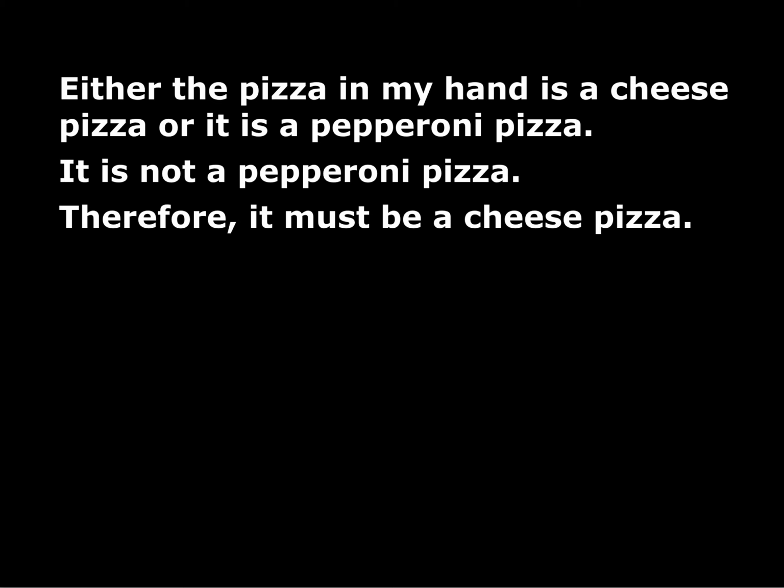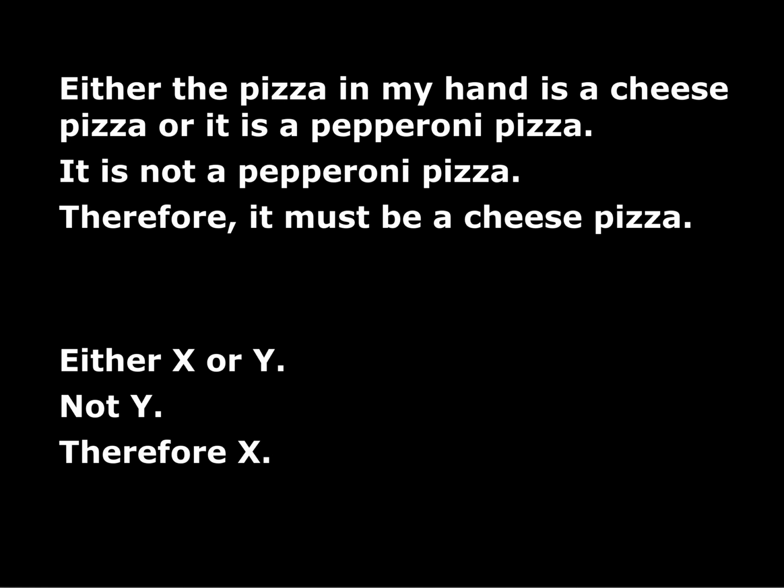So the pizza argument, or the piece of reasoning that captured the LAX girl's reasoning was this. Either the pizza in my hand is a cheese pizza or it's a pepperoni pizza. It's not a pepperoni pizza, therefore it must be a cheese pizza. The form of this is either X or Y, not Y, therefore X.